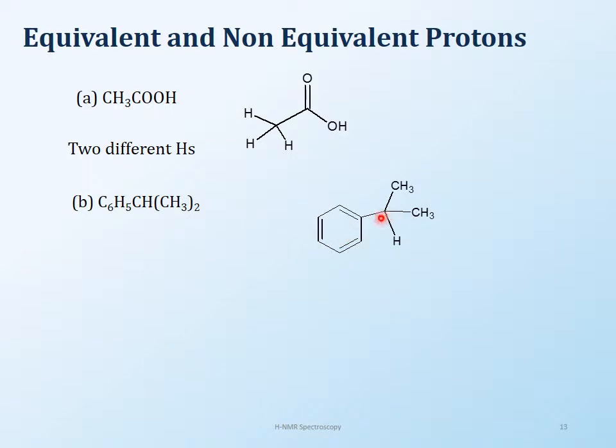Here's the CH and here are the CH3s. These protons are going to be the same because these are benzene protons. These two are going to be the same because this bond can rotate, and then this hydrogen is different. So you have 1, 2, 3 signals in this case. We have 3 different hydrogens, so you see 3 different signals in the NMR.